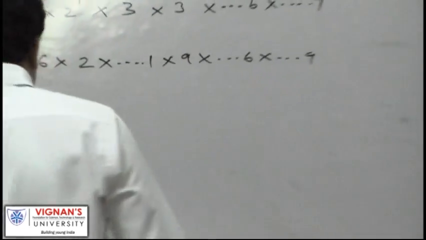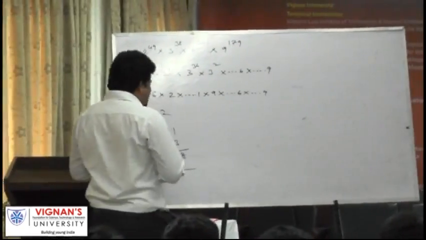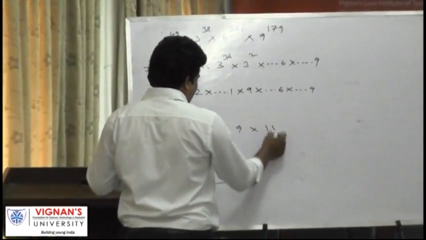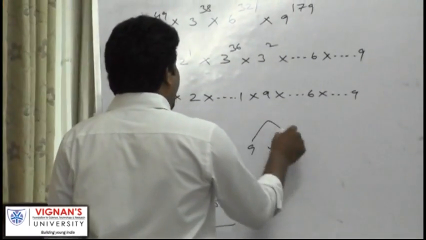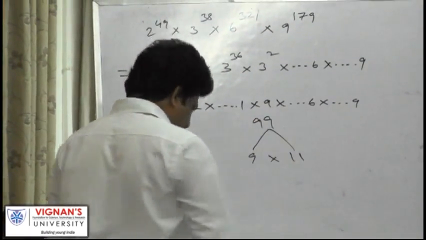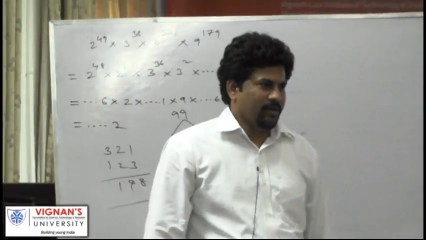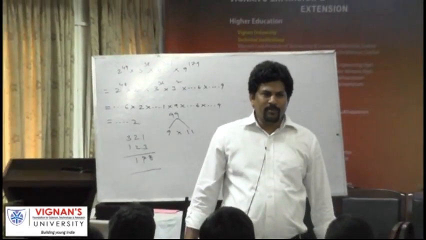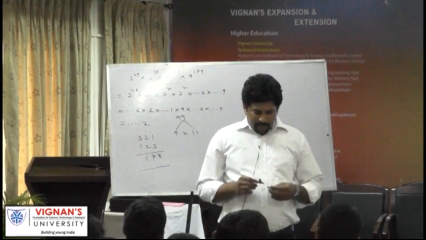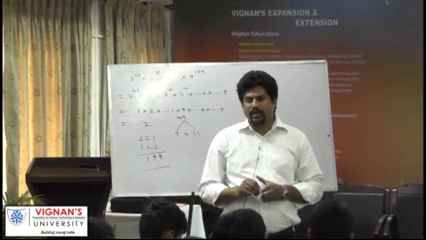Now, the number is divisible by 9 and 11. It is always divisible by 99. Why? Because 9 and 11 are co-primes. Co-primes are two numbers that do not have a common factor except 1.